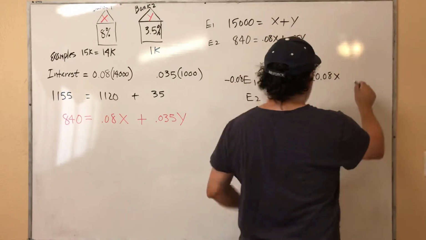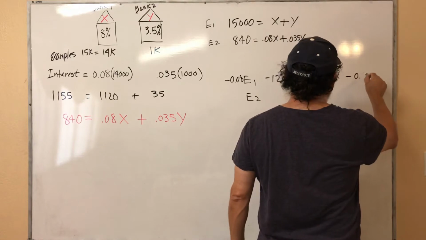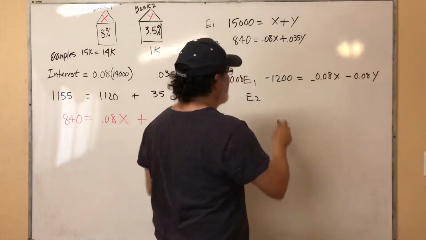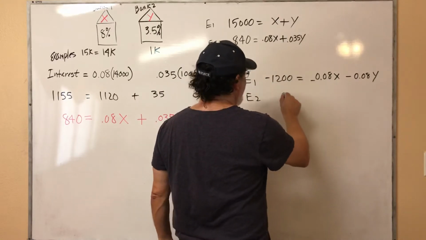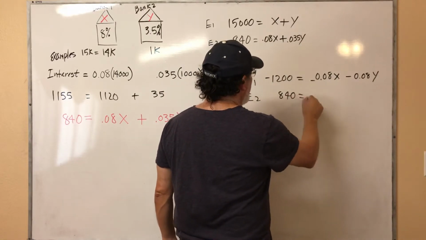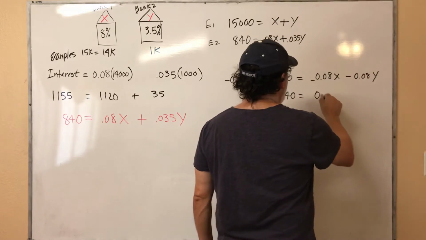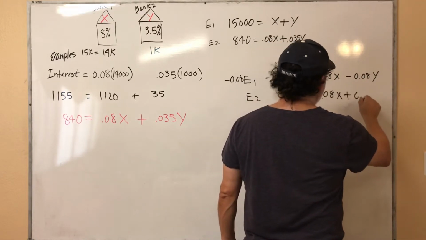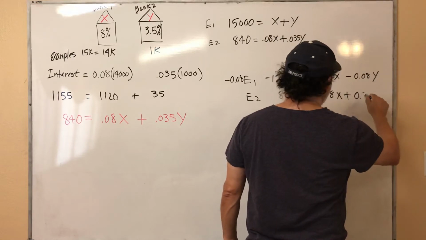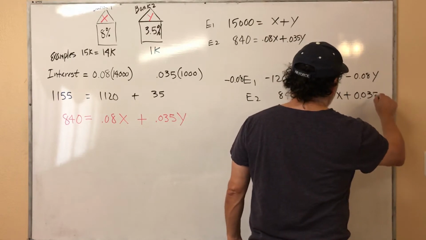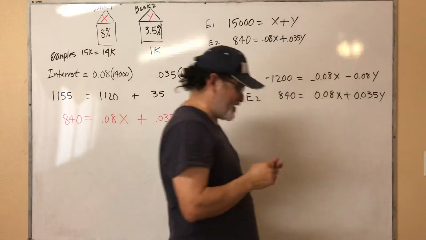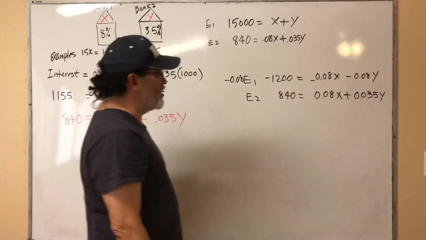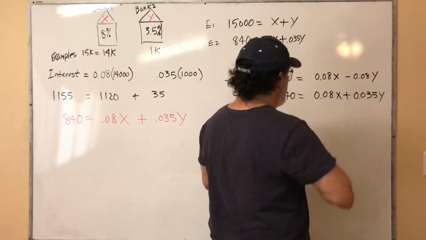And this is going to be negative 0.08y. And that's going to be 840 equals 0.08x plus 0.035y. And there it is. Okay, that's a negative right there.